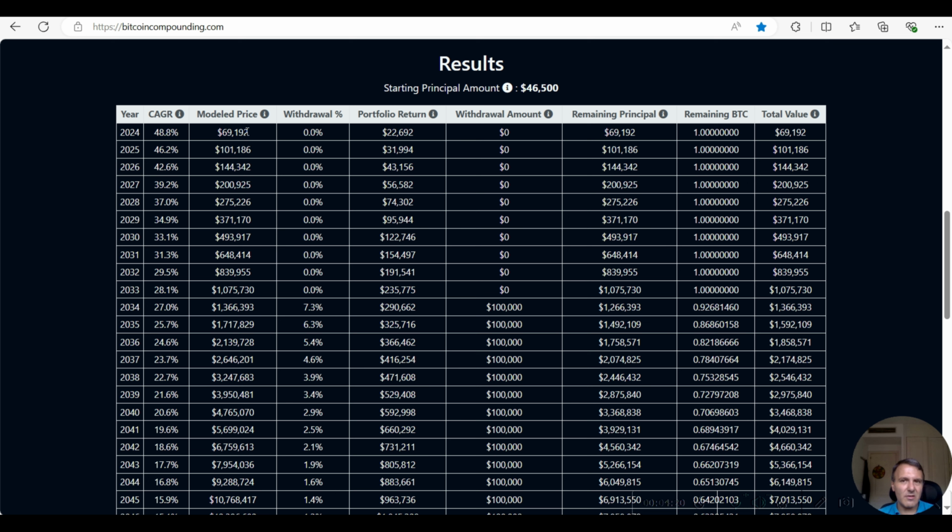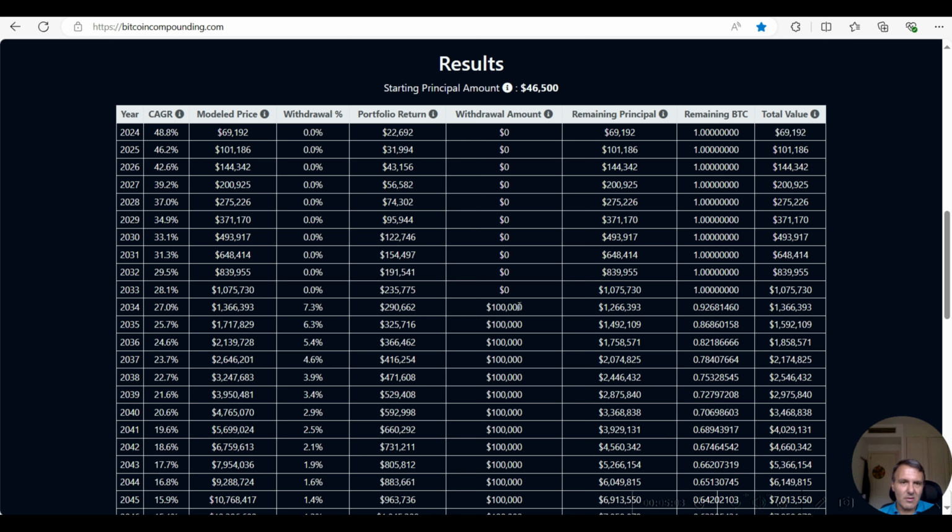So that is reasonable. And you have the different types of model prices underneath. Today's price is oscillating around the 66 to 70k mark per coin. Then from 2034, I've specified a 100,000 a year withdrawal amount based on the future model price of $1.4 million per coin. That's the power law prediction. If I deduct 100,000 from the one coin, valued at 1.4 million in 2034, I'm expecting to end up with a principal amount of 1.26 million.